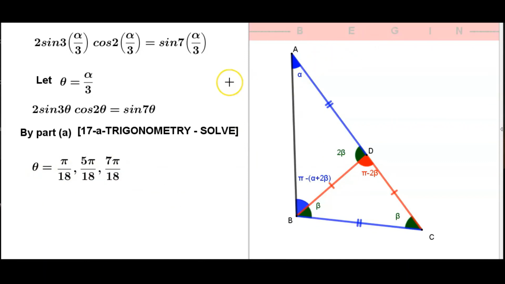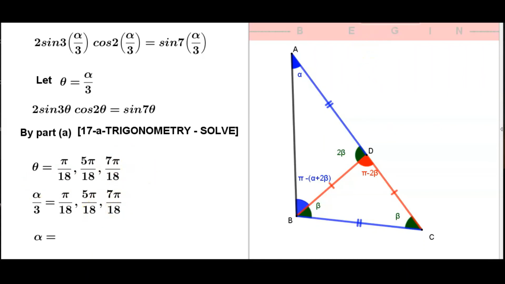Now here we want to find the solution for alpha. Theta is equal to alpha by 3. Therefore alpha by 3 is equal to pi over 18, 5 pi over 18 or 7 pi over 18.